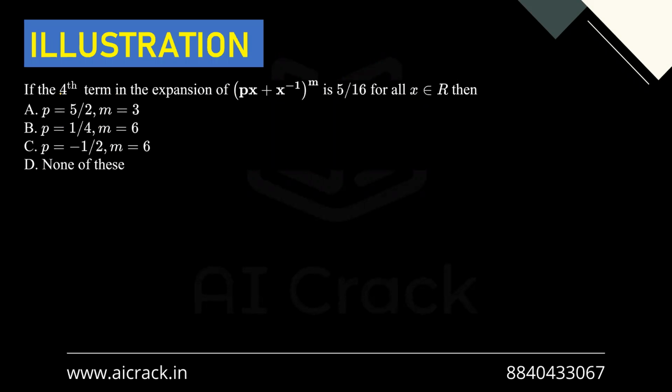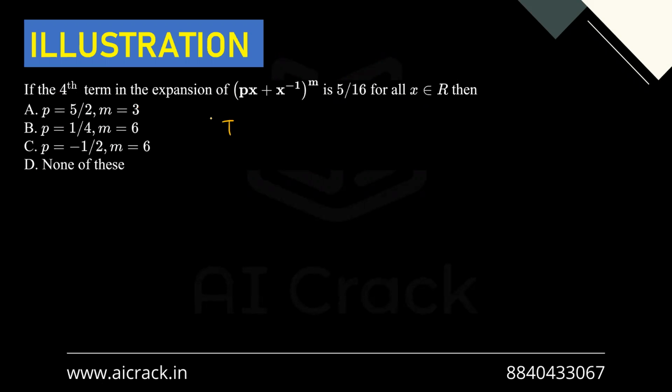Now let's look at one more example. If the fourth term of the expansion (px + x^(-1))^m is 5/16 for all x belonging to R, then what are the values of p and m? We'll write the fourth term of the expansion.